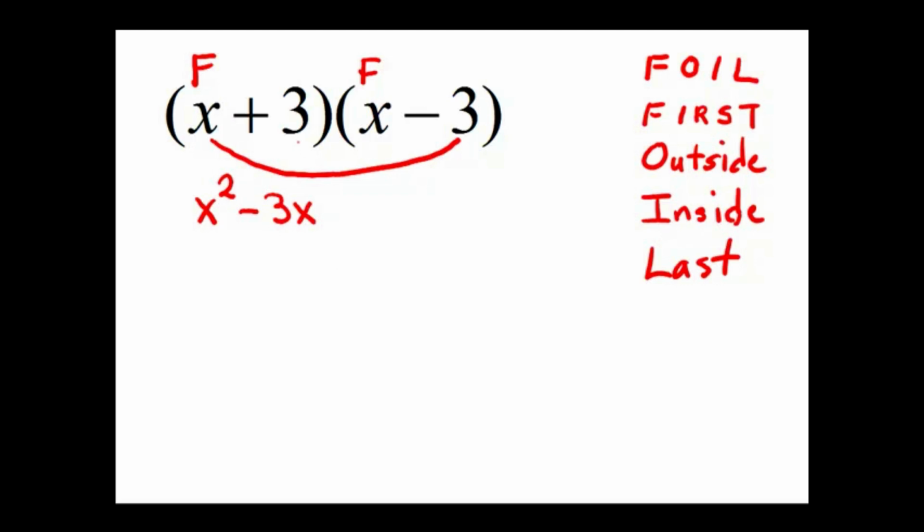We'll do the inside. 3 times x will give us 3x. And the last term in each set of parentheses, 3 times a negative 3 will give us a negative 9. Parentheses comes off, and then we'll notice the outside and inside terms will cancel each other to give us x squared minus 9.